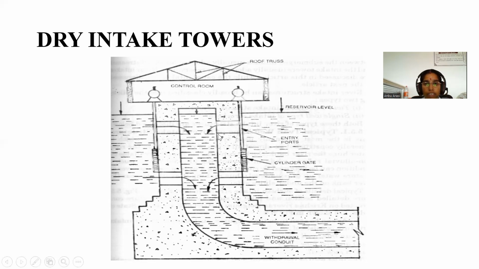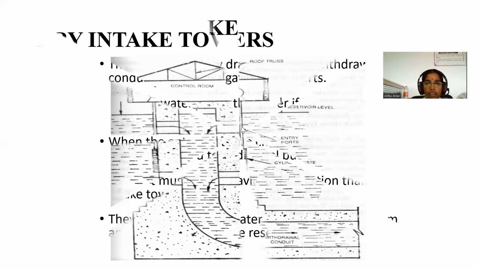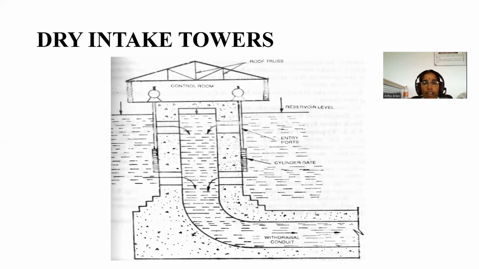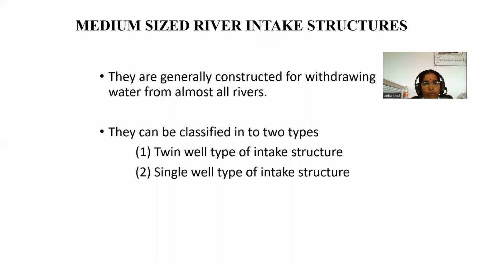See, here are the gated entry ports. This is the difference between the wet intake and dry intake. Here the water enters through the gated ports into the shaft in the dry intake. This is the entry port. It directly enters into the conduit. This is dry intake towers.